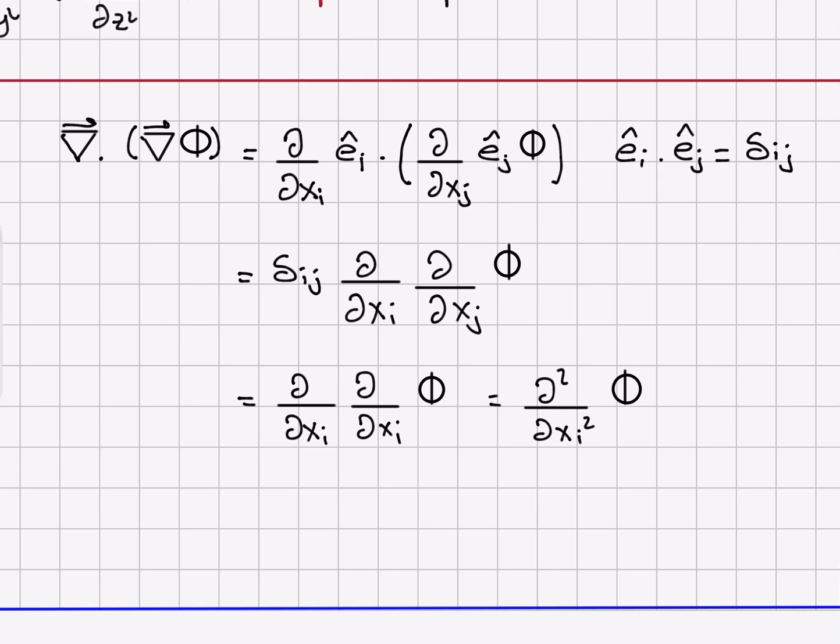Now, since we have del xi, the i index appears twice here. This is a summation. So this implies the divergence of the gradient acting on our scalar field phi.